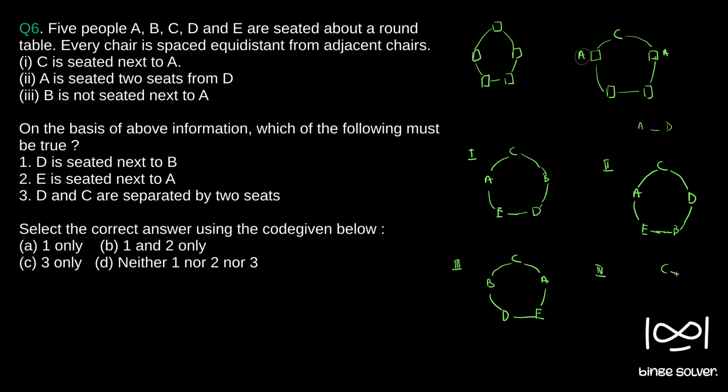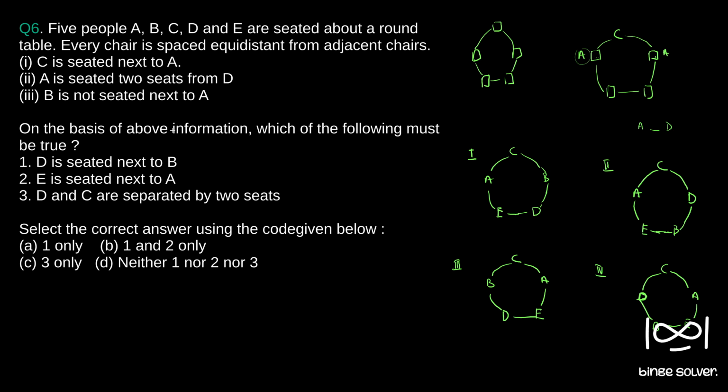We see A here, D here, and A is connected to E, connected to B, connected to D. So this is also possible. So in total, there are four scenarios possible with the given information.